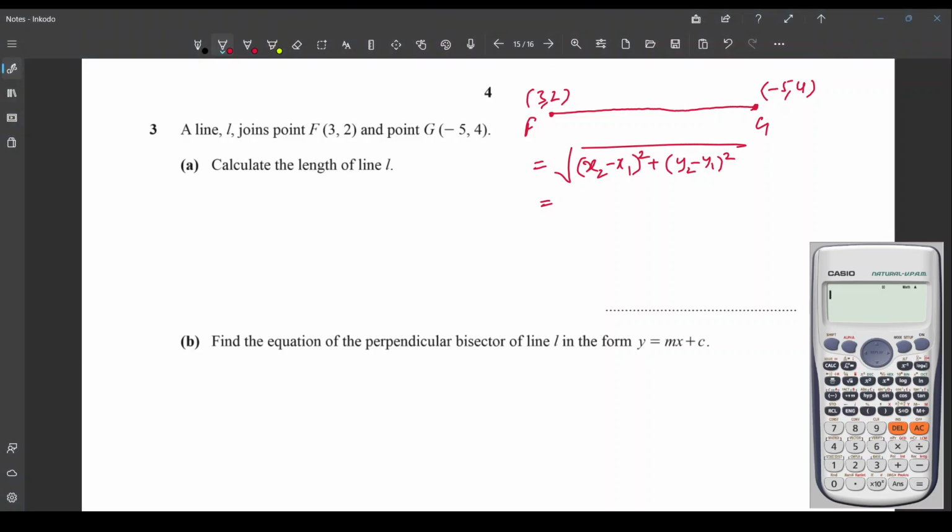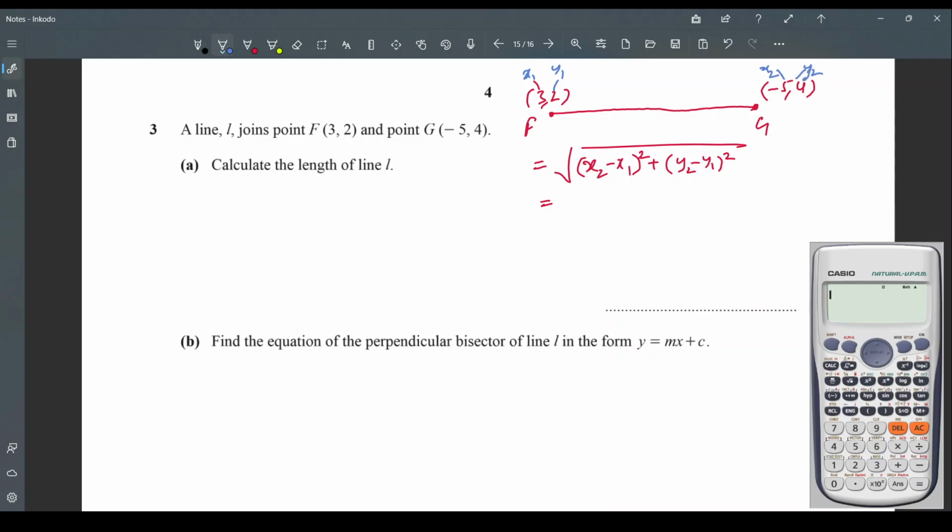So let's use the calculator. You should know that this is x1, this is y1, this is x2, this is y2.